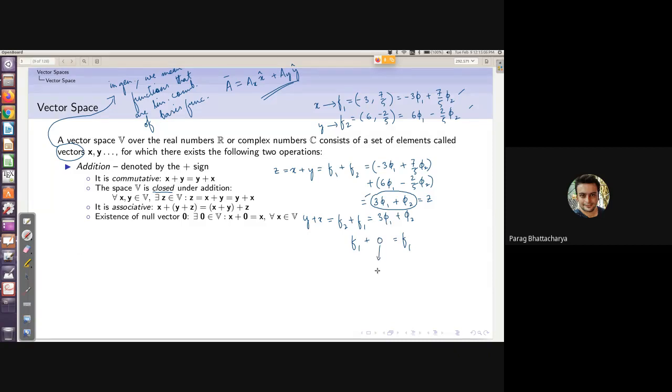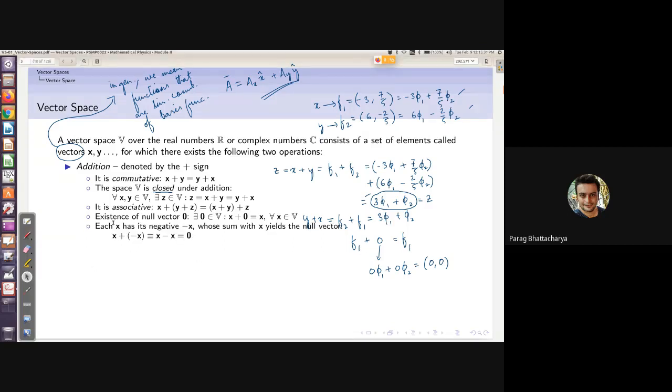And what is this null vector? This null vector is basically 0 phi 1 plus 0 phi 2. In other words, the coefficients of this null vector are simply 0, 0. So such a vector exists such that if you add it to any of the vector elements, that element remains unchanged. This is the existence of a null vector.